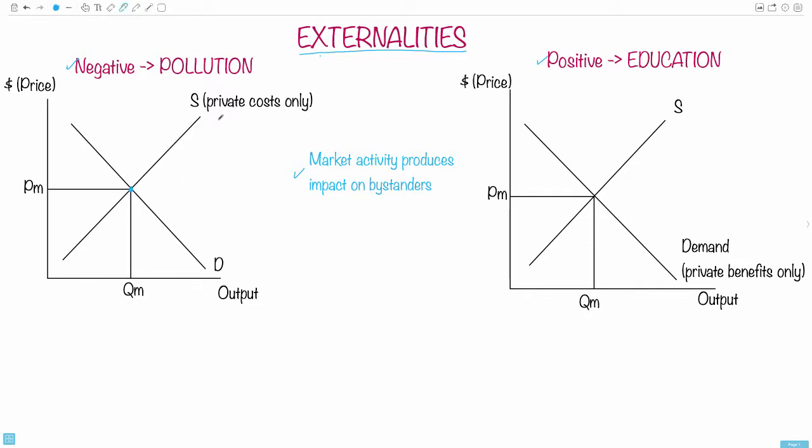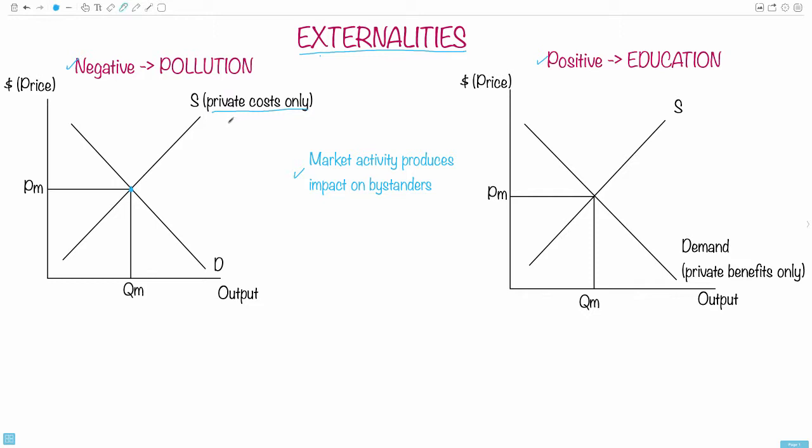Now, notice something very important on this chart. This supply assumes, like any other market, that companies only care about private cost. So in their profit maximization process, they are taking into account, of course, electricity, raw materials, labor, anything that is costing them an out-of-pocket expense.